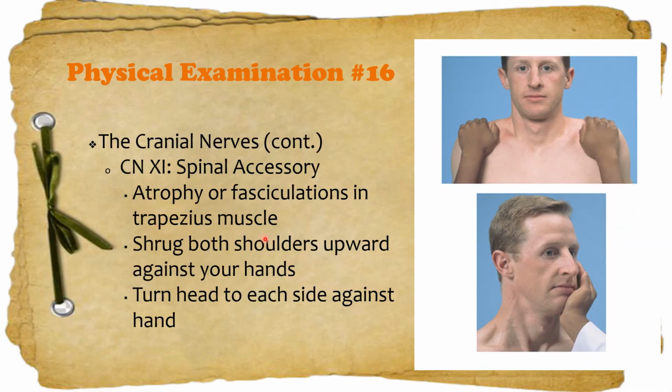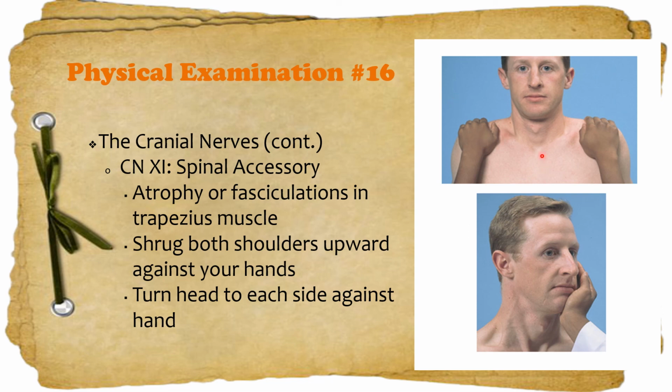Okay, to test for cranial nerve number 11, the spinal accessory, look for atrophy or fasciculations in the trapezius muscles and compare one side with the other when standing behind the patient. Fasciculations are the flickering, irregular movement in small groups of muscle fibers.